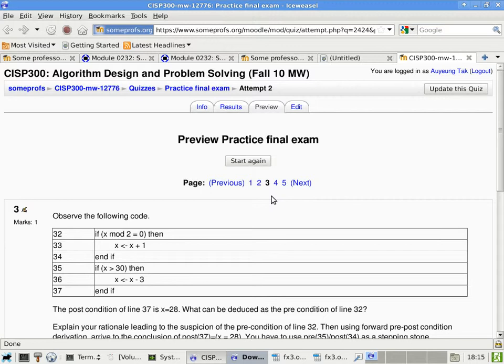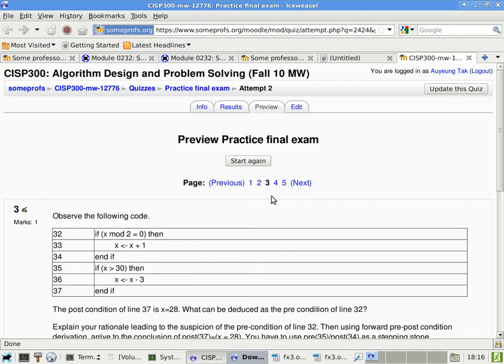In other words, if I just give you the second half of this question, if I just give you from line 35 to line 37, then x can be 28. But since I give you also the first conditional statement, that eliminated the possibility that x can be 27 initially and therefore become 28 later on. So you're correct. At some point we got rid of x can be 28 because of the restriction of x mod 2 has to be 0.